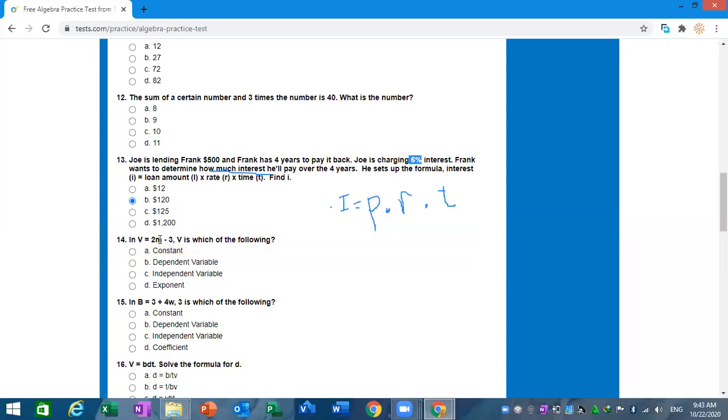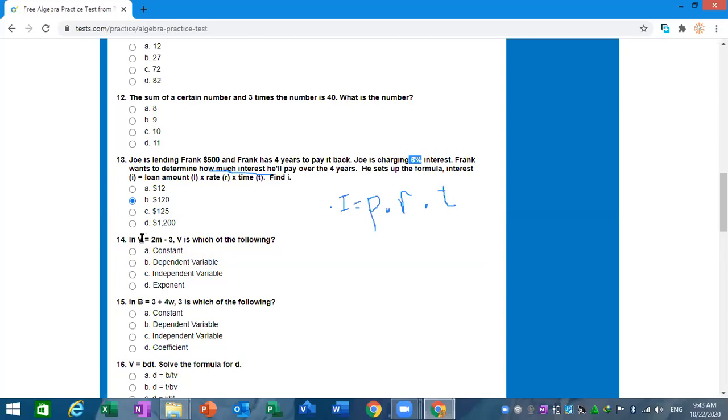We know there is input and output, independent and dependent, and constant and exponents. Do you know the difference between them? Input means independent, while output means dependent, right? So in this question, which one will be the output? V equals M minus 3. Which one will be the output? V, right?